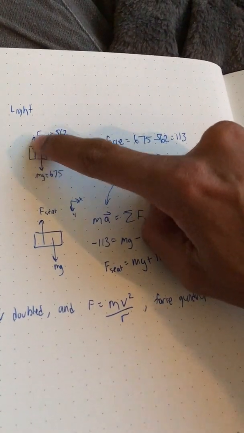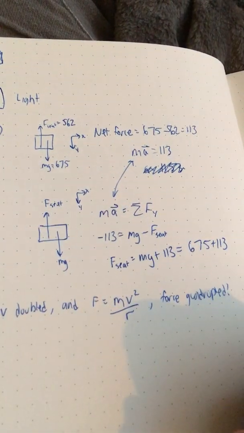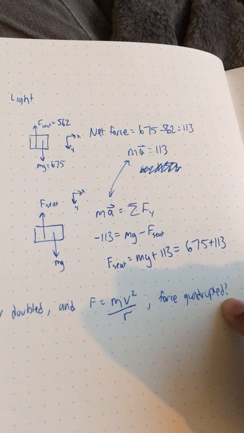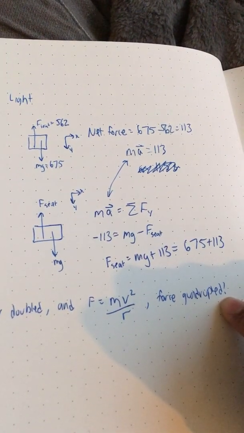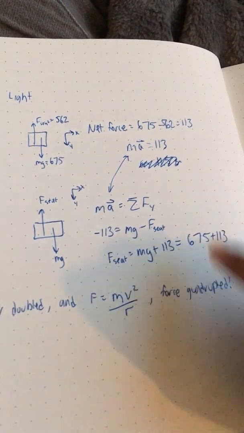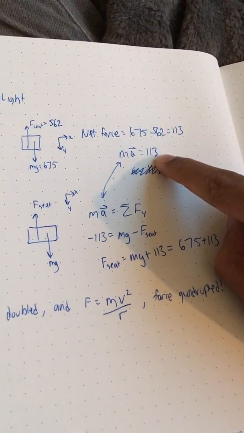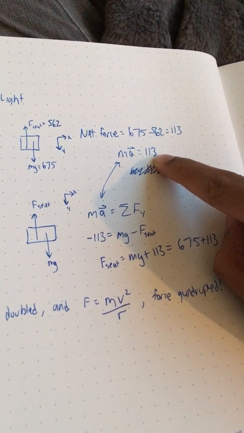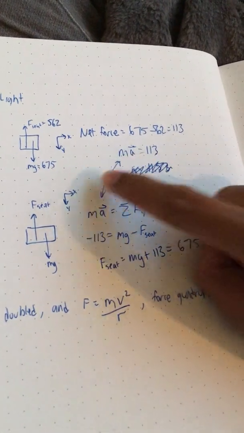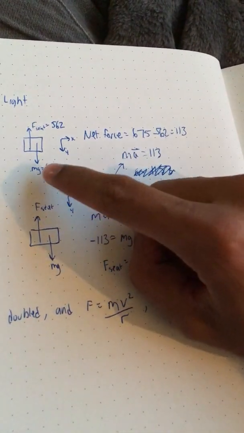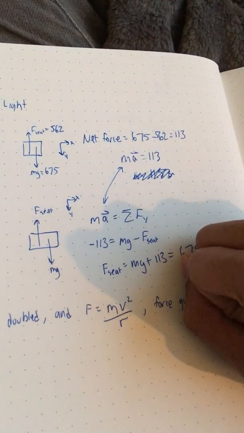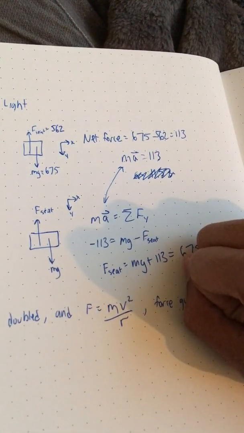The force quadrupled means that either this goes up by 4 times or this goes up by 4 times.